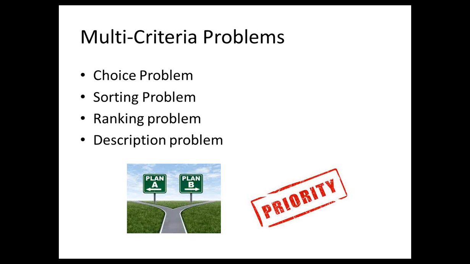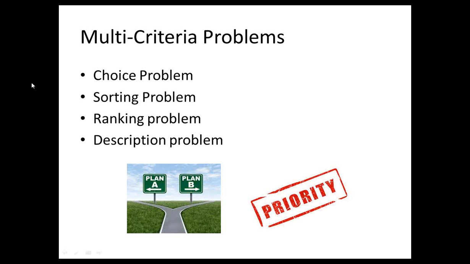First, we have the choice problem, where a decision has to be made to do either one thing or the other. A choice problem can be a yes-no decision, and therefore can also be a decision which concerns only one alternative.